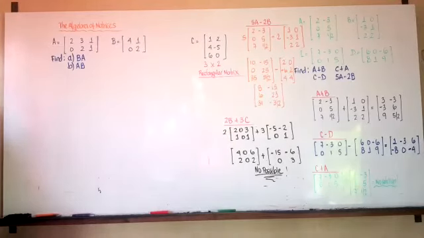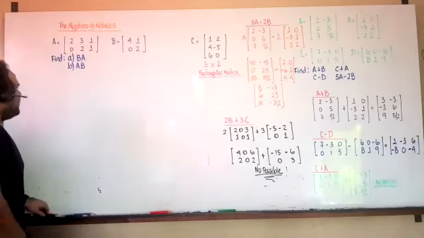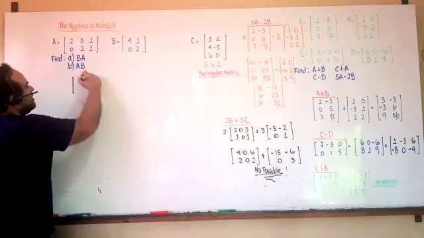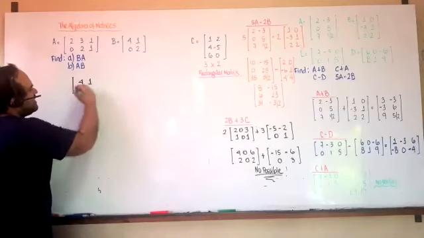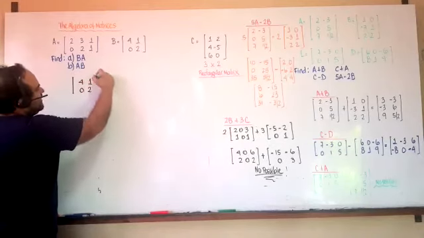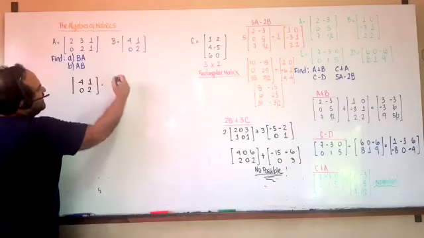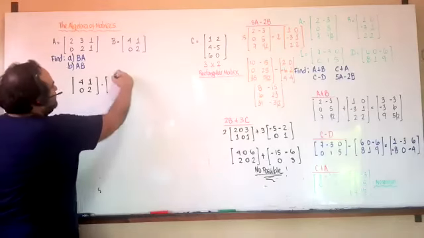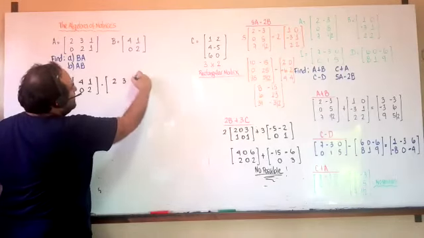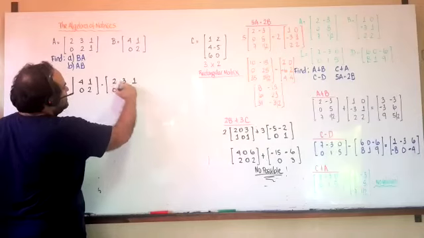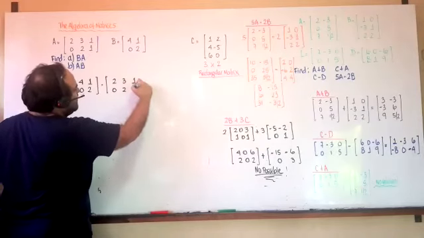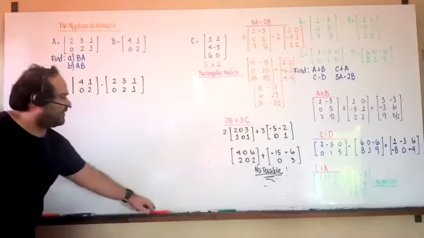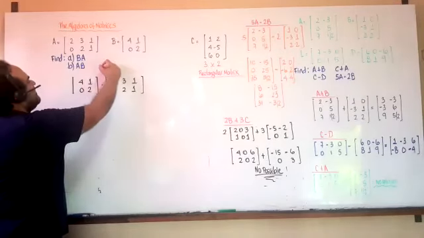For example, in the first one, matrix B is 4, 1, 0, 2, multiplied by matrix A, which is 2, 3, 1, 0, 2, 1. Let me show you how we can perform this product. This is the product BA.